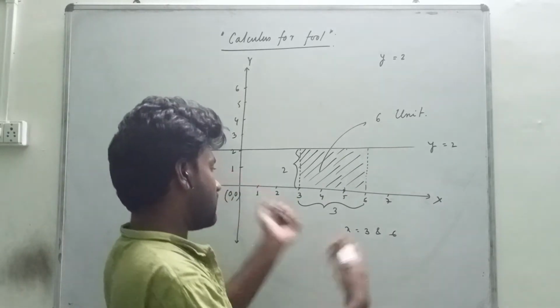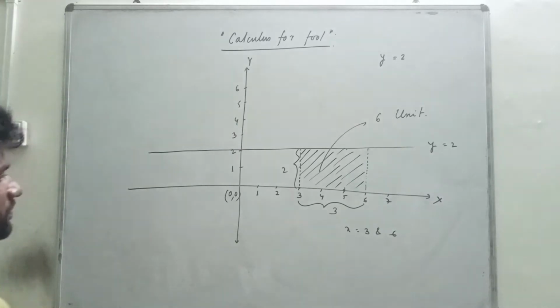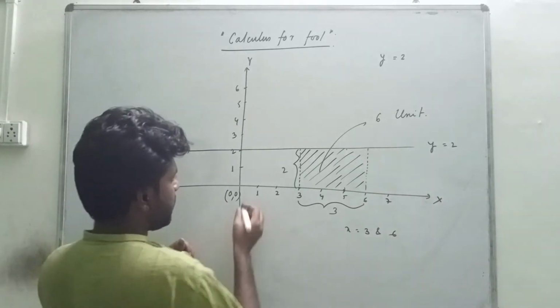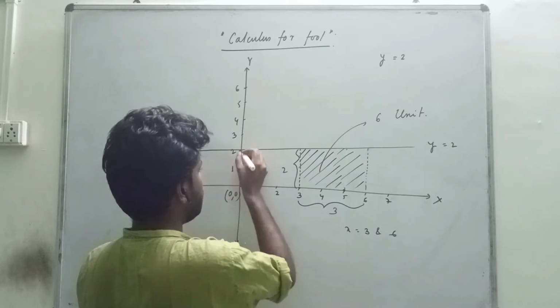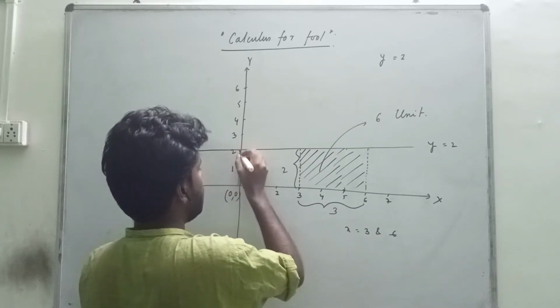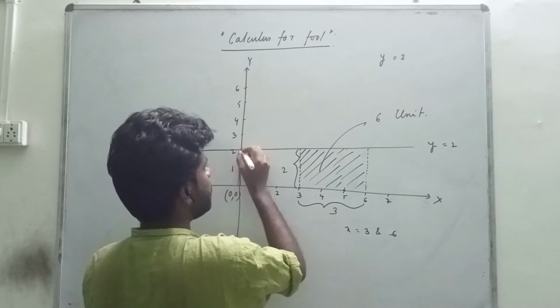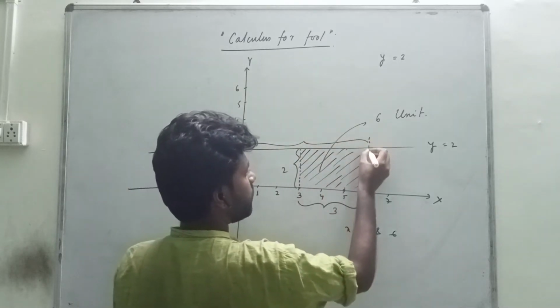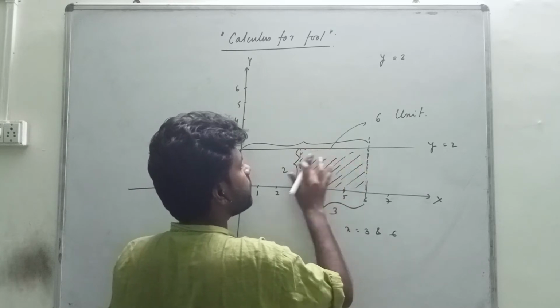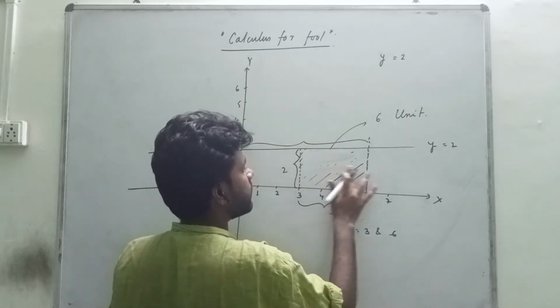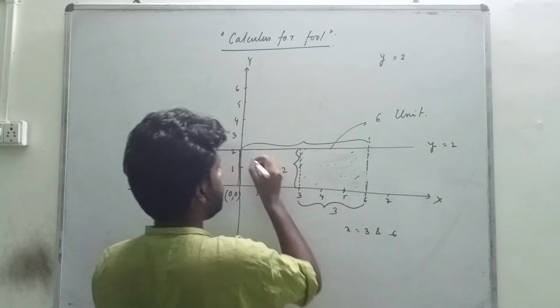But another way to proceed with this problem, just calculate the whole area from this line, I mean from x equals 0 to x equals 6, right? The whole area. I'll just put a dot here.